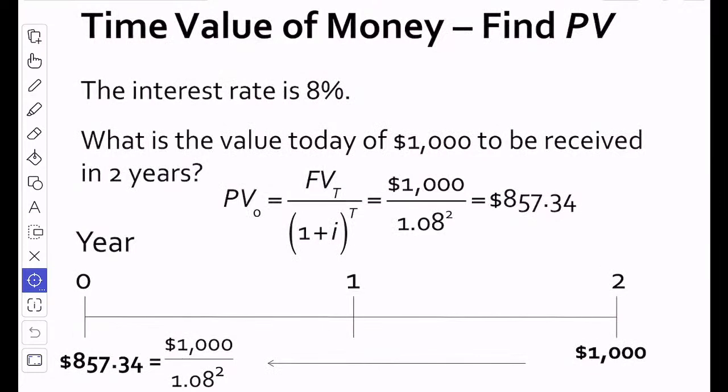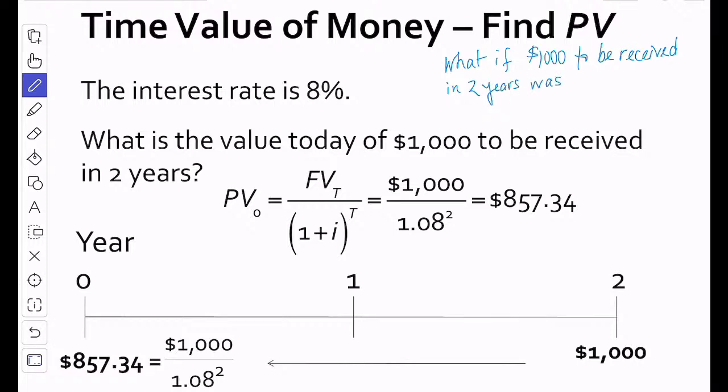So my question was, if we treat it like an investment, this is the fair price of the investment.